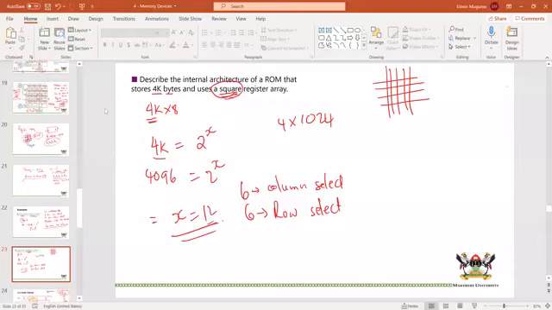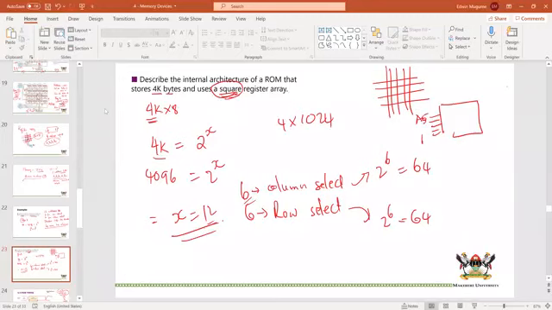And how do we know if we have 6 addresses for columns? It is really 2 to the power 6, which is 64, and that will also be 2 to the power 6, which is 64. So for my decoder, I input 6 addresses, A5 to A0, and I will take out 64 rows, for instance.